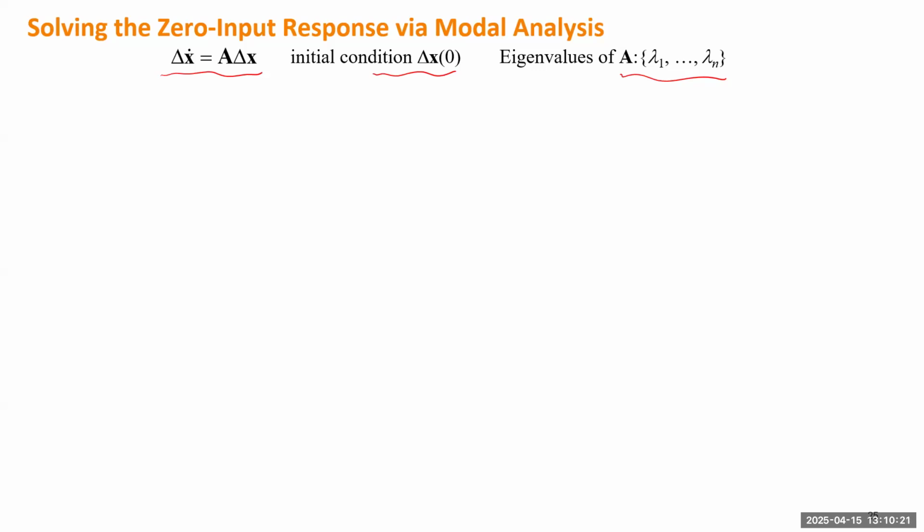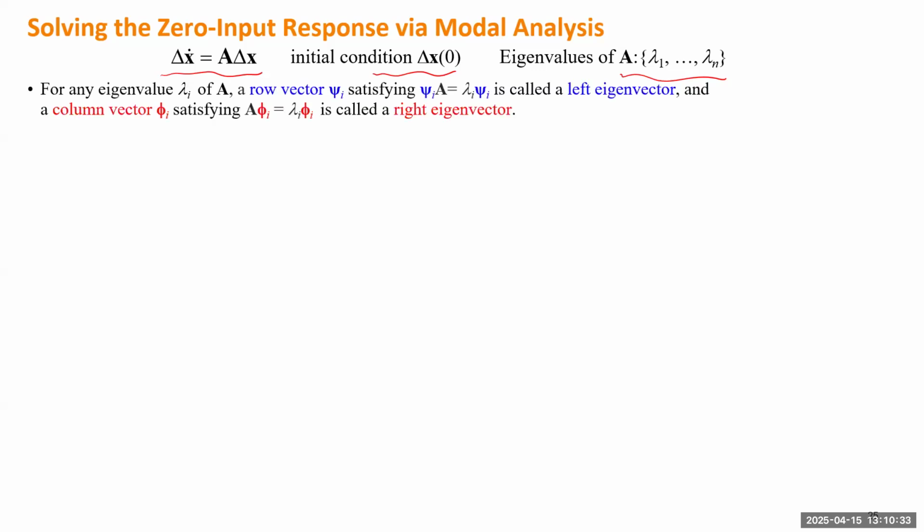So I don't bother to define which one is whose conjugate. Let's just assume there are n eigenvalues. Okay, for each eigenvalue, if there's a row vector that multiplies A from the left-hand side, which is equal to the eigenvalue scaling this vector, we know it is an eigenvector, right?